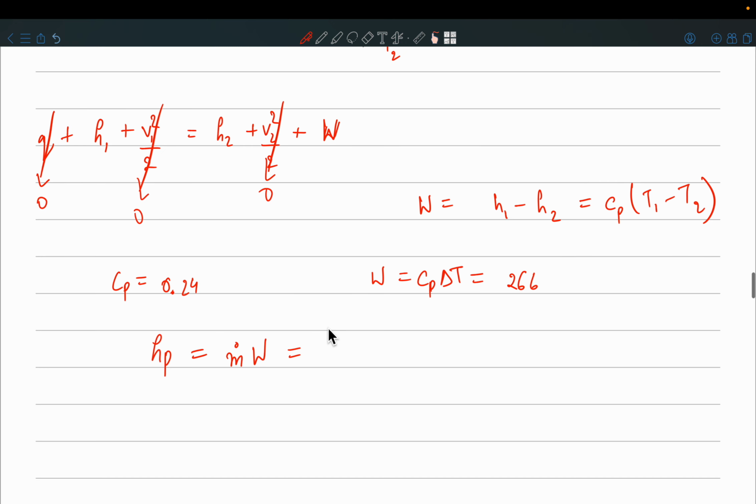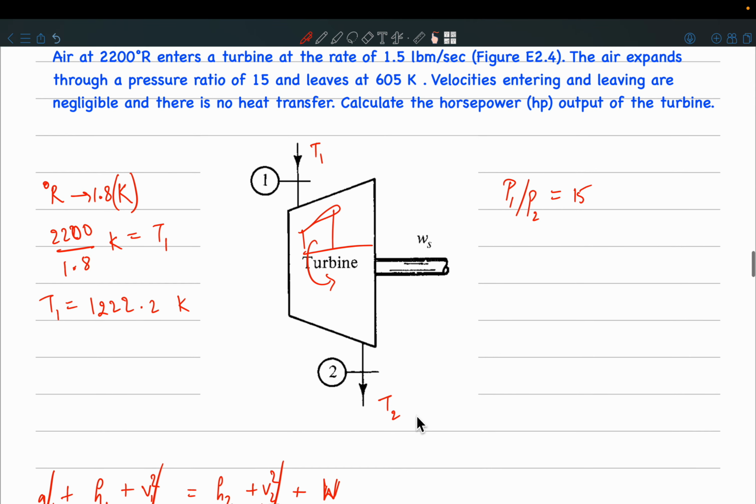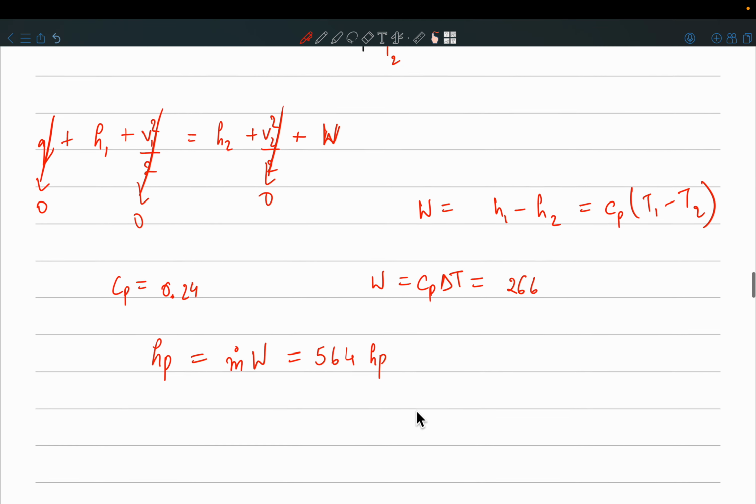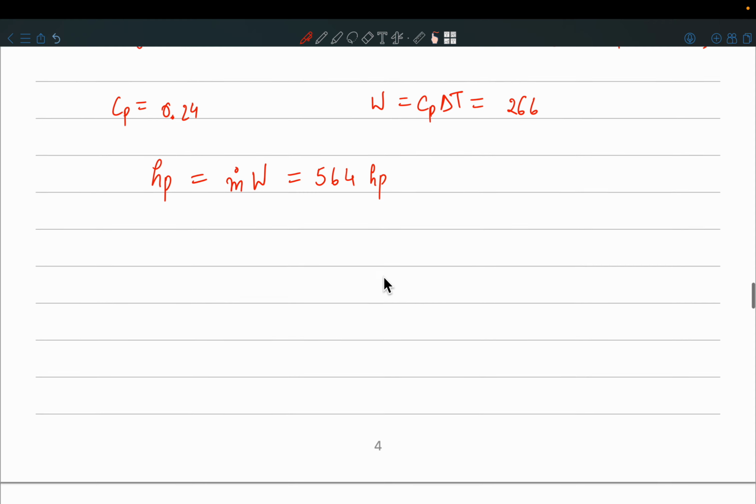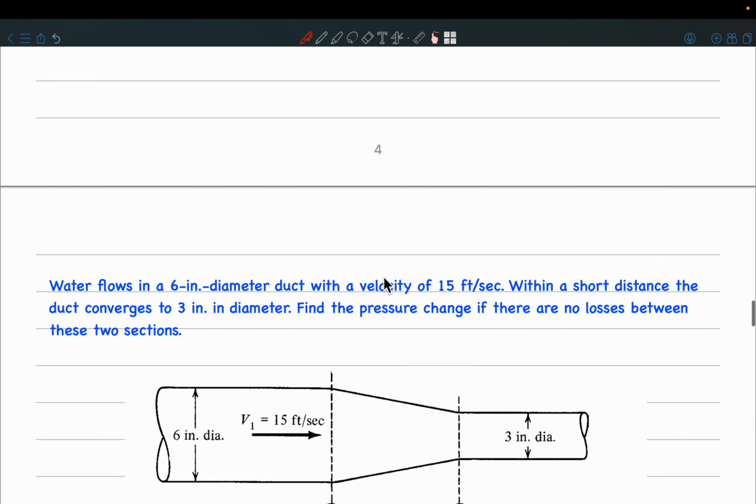Okay, so I guess the method is more important. So I'll just give you these values, and I request you to do the conversions and check that you're getting these answers. Okay, but the concept is clear, right? Okay, so we'll move to the next question.